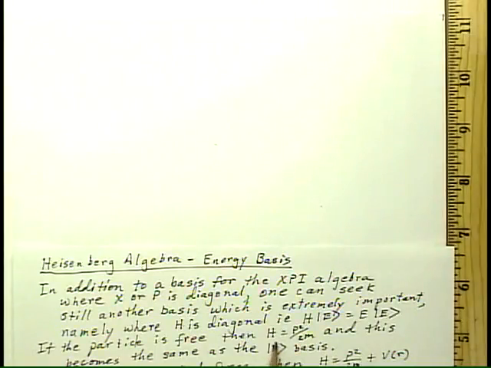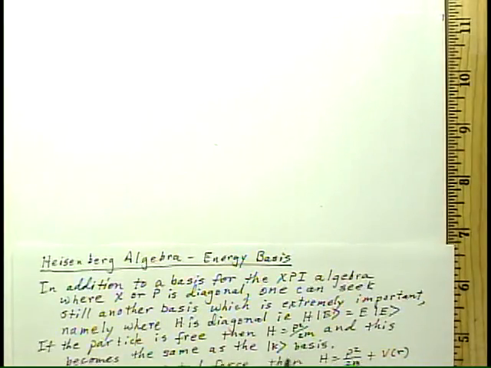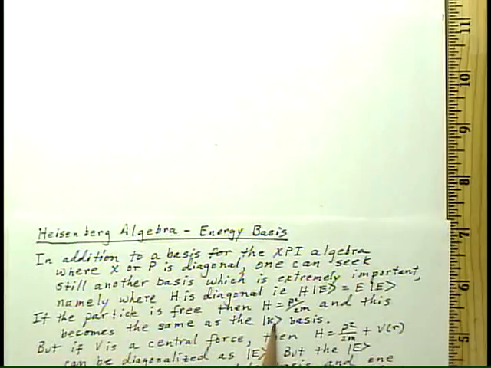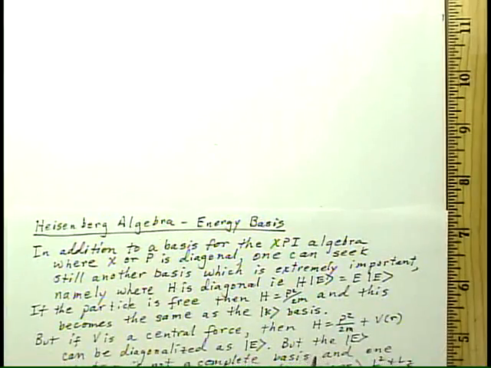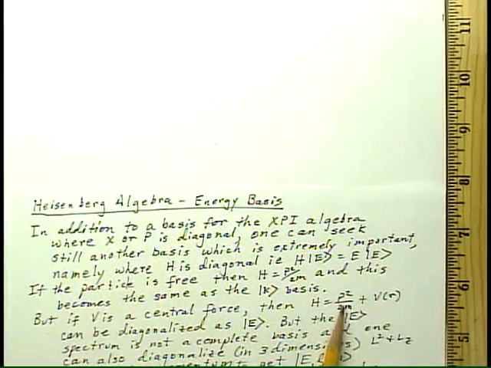Now if the particle is free, H is p squared over 2m, and this becomes the same as the k basis that we had before, so we don't have anything new. But if V is a central force, then this becomes a rather complicated problem.